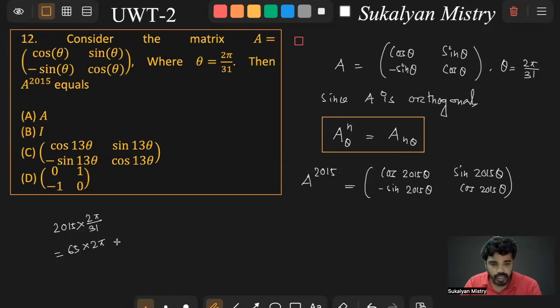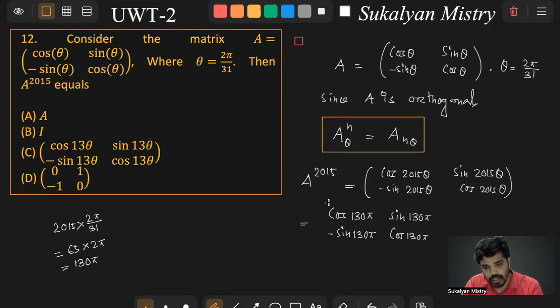So 65 into 2, that is 130 pi. So that means you get cos 130 pi, sin 130 pi, minus sin 130 pi, cos 130 pi.